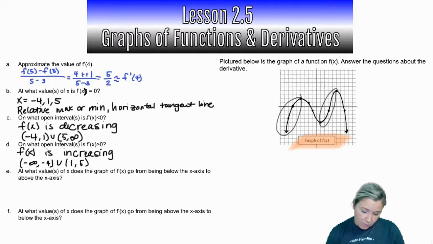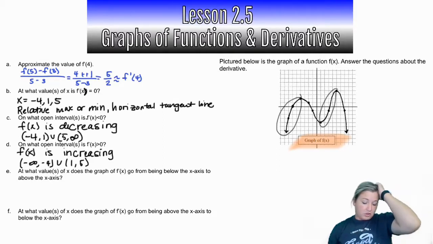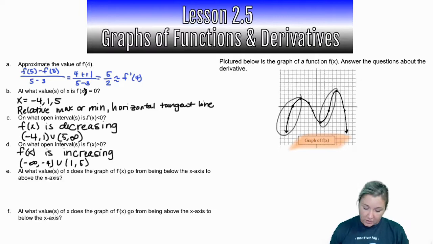And then it says, at what values of x does the graph of f prime of x go from being below the x-axis to above the x-axis? So we're talking about the derivative.